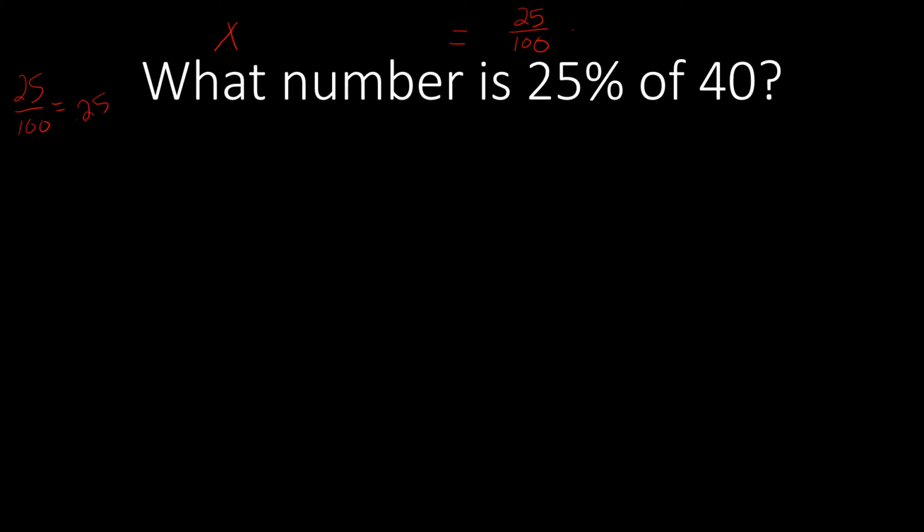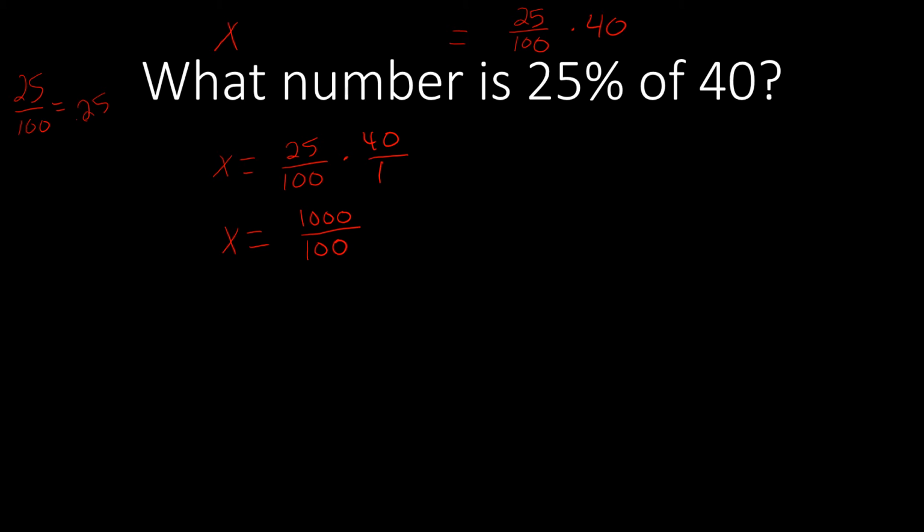And then of 40. So to solve, I get x equals 25 over 100 times 40. I'm going to write that as 40 over 1. So x equals 1,000 over 100.